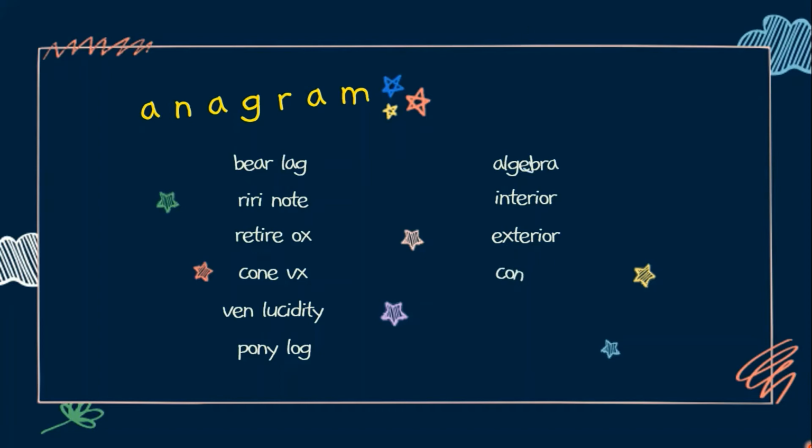"Cone VX" rearranged is convex. "Ven lucidity," if it's rearranged, it will be inductively. And "pony log" is polygon.